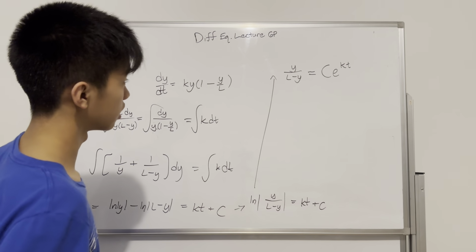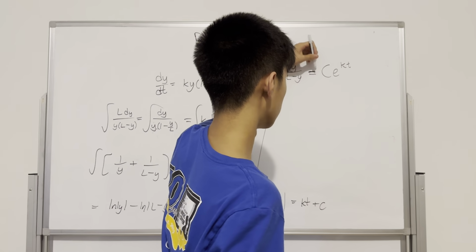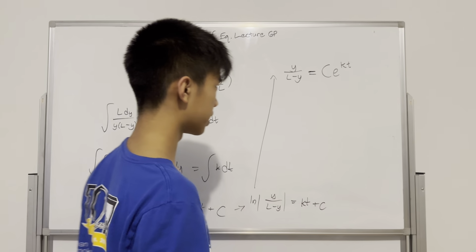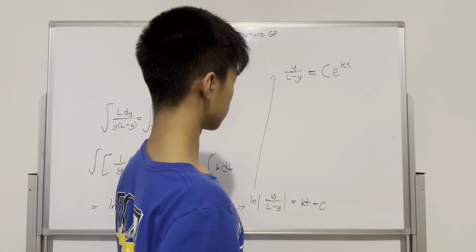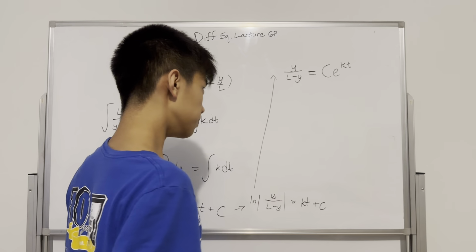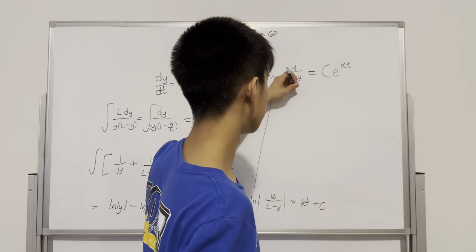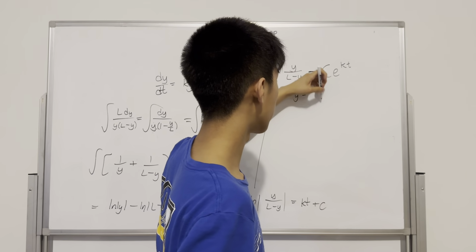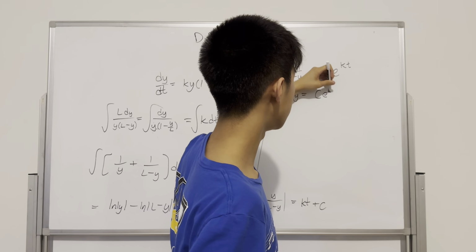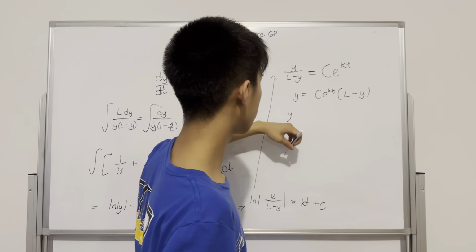Now comes the kind of hard part, I guess. How do we get a function of y in terms of t in closed form? We can multiply both sides by L minus y. So we now have c e to the kt times (L minus y) equals y.